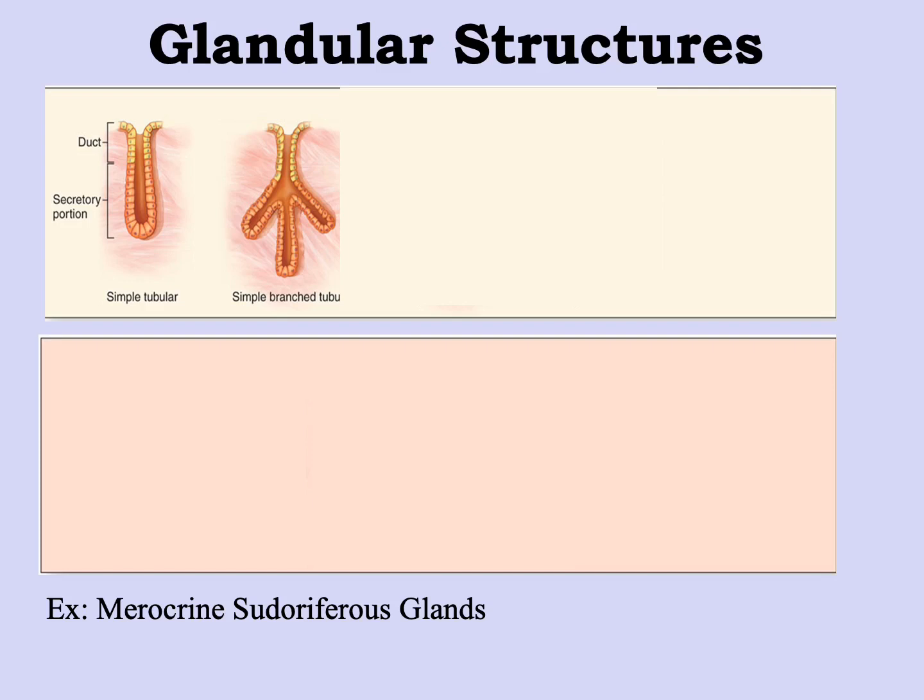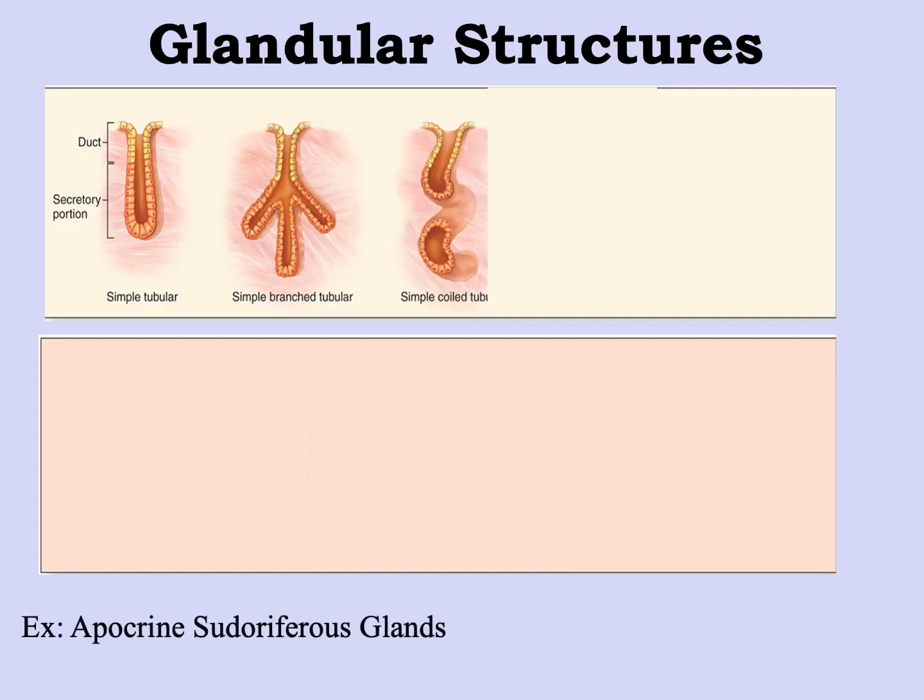And so these are going to be the sudoriferous glands that are responsible for not producing the sweat that we think about when we think about sweat, but these are going to be the glands that are more involved with the production of other substances that we see in sweat beyond just the liquidy sweat that you might be thinking about. The next is the simple coiled tubular.